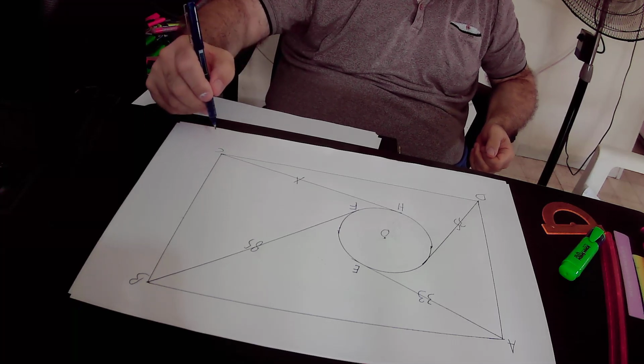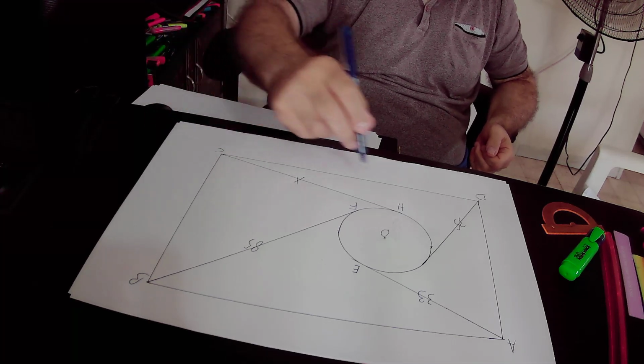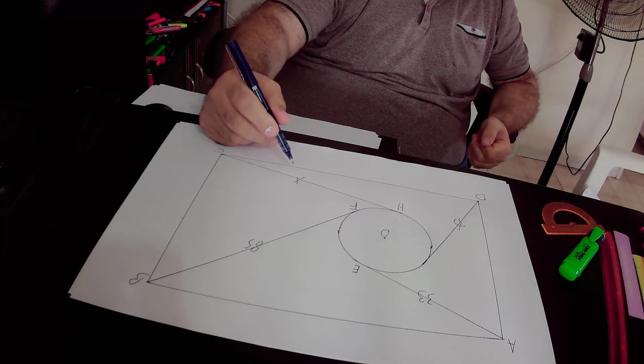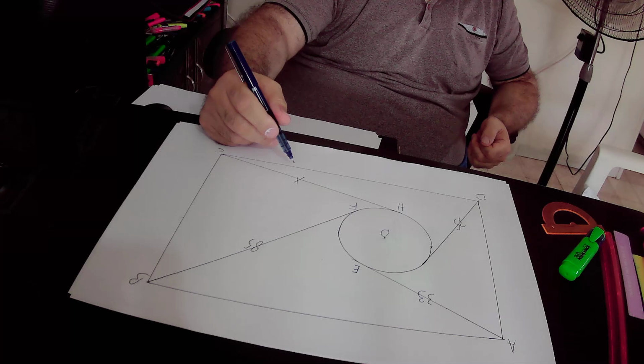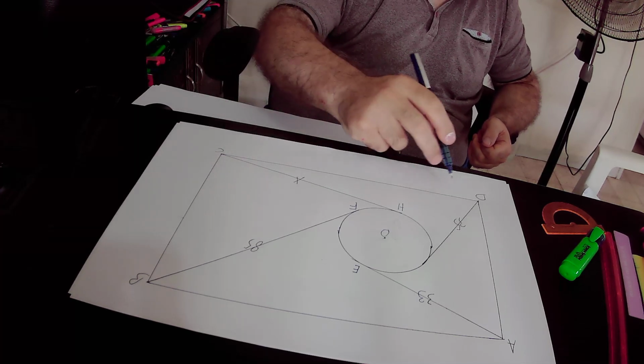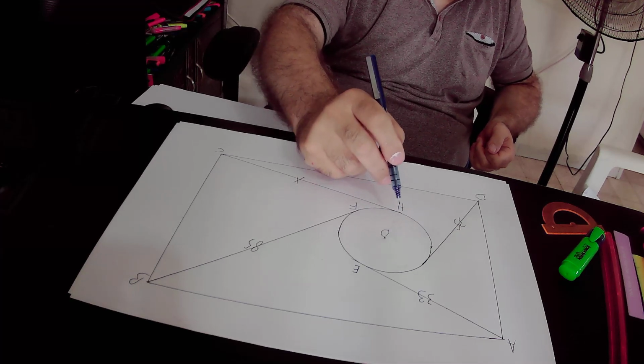We want to find out the length of tangent CH, that is equal to x. And finally, we'll define the point of tangency of the tangent from point D to this circle as point T.